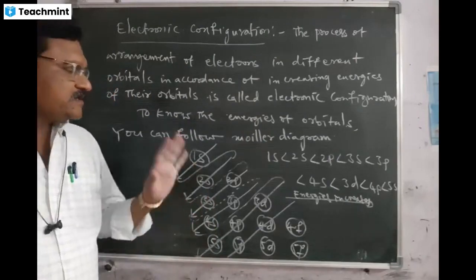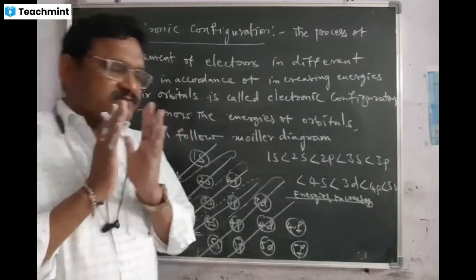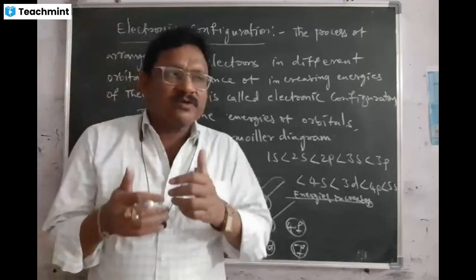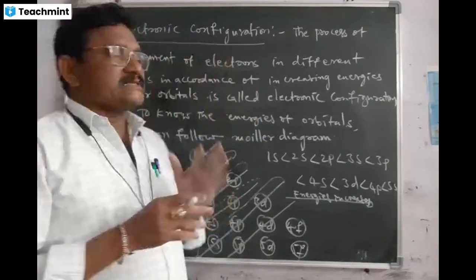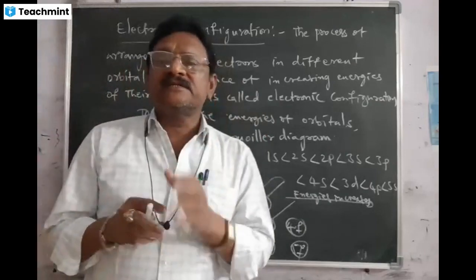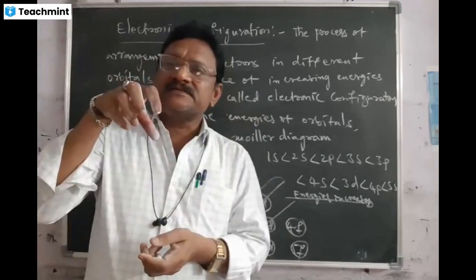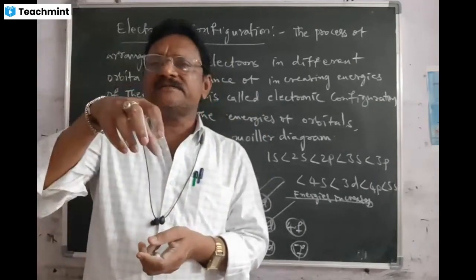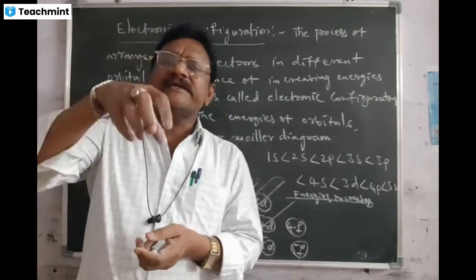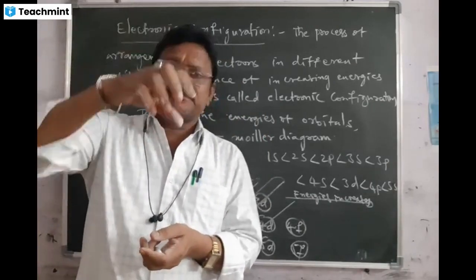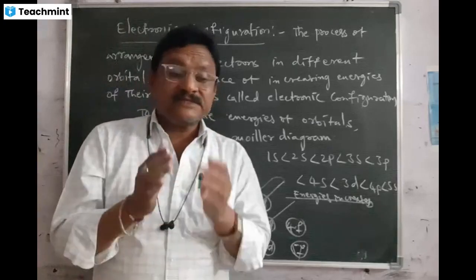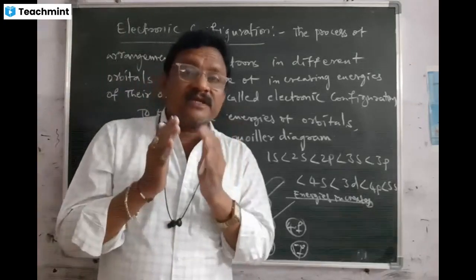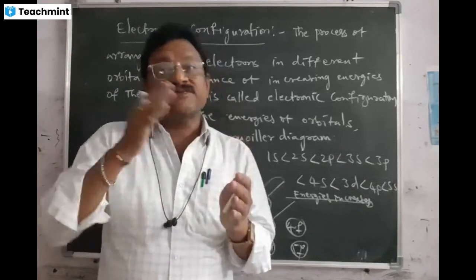Okay. I can repeat one more time. We are studying electronic configuration. What do we mean by electronic configuration? It means the arrangement of electrons in different orbitals as per the order of their energies. That means we can understand which one is lower and which one is higher.